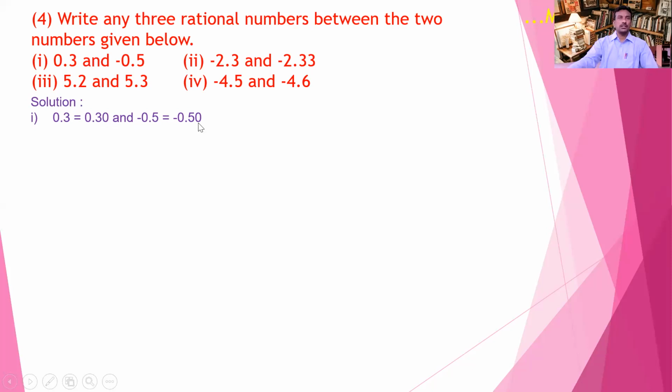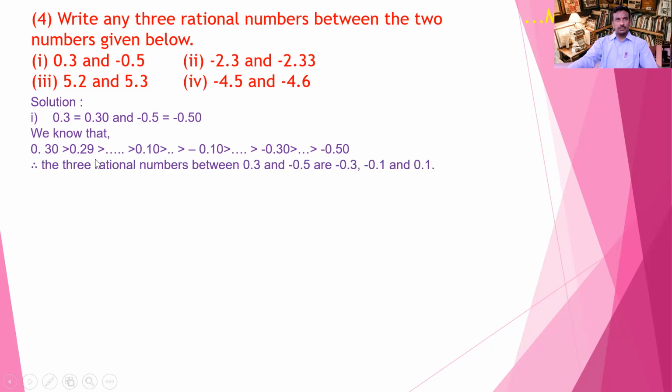So we know that 0.30 is greater than 0.29, and again it is greater than, and so on, up to 0.10, and that is greater than, and so on. Positive numbers are always greater than negative numbers. Means minus 0.10 is greater than, and minus 0.30 is also greater than, and so on, up to minus 0.50.